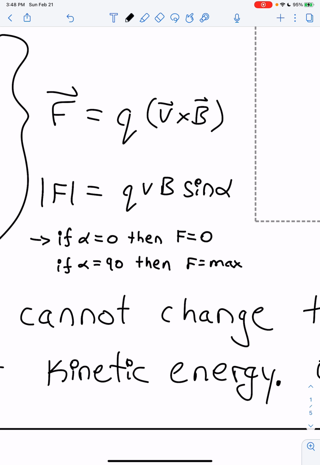Okay, one more important point here: when we're applying this right-hand rule to a cross product, we get a direction. However, in this case, that direction is then multiplied by the charge value.